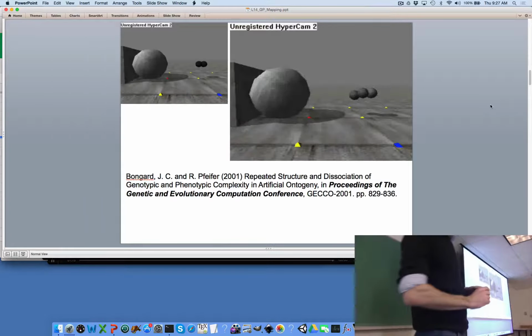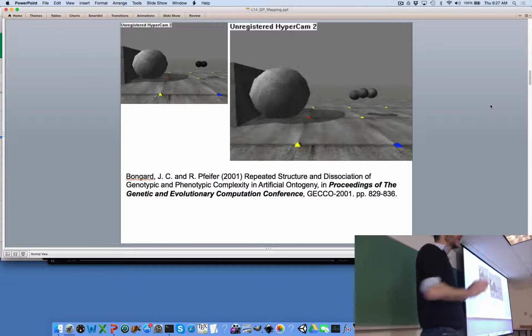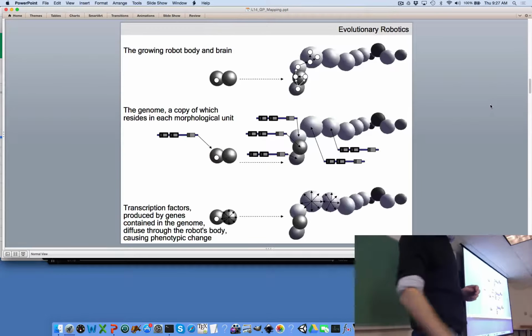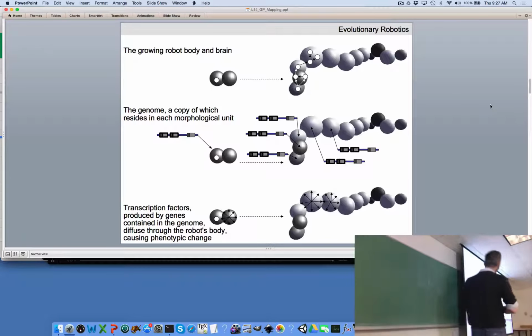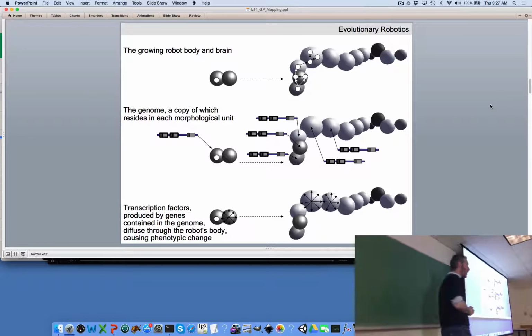Okay, so we have a genotype to phenotype map that's now dictating how the robot changes over time. Well, how does it actually do this? Here's my little cartoon to show you the genotype. So if you go inside my code, you'll see exactly like in your code, the genotype is just one long string of numbers. But how those numbers are translated into a phenotype in my code is very different from how they're turned into a phenotype in your code.